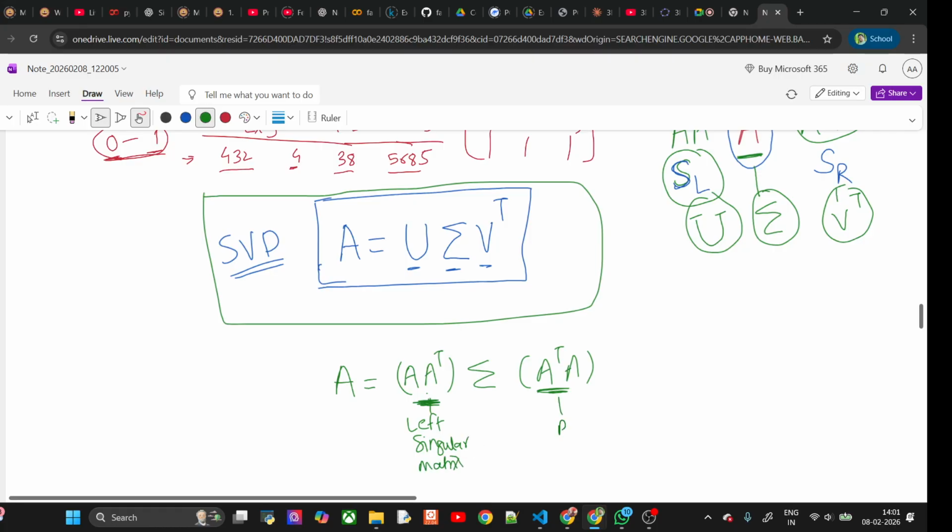This is your right singular matrix. Okay, left singular matrix, right singular matrix, and both are orthogonal matrices, both are orthogonal. And the sigma we now have is actually your diagonal matrix.